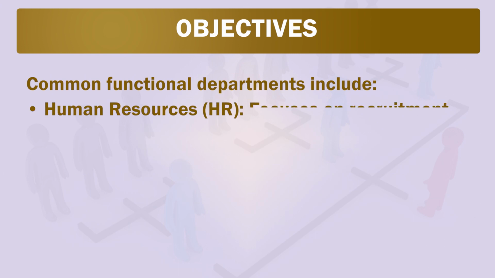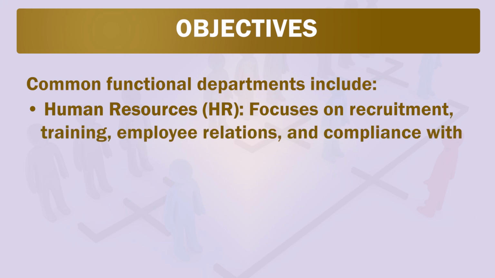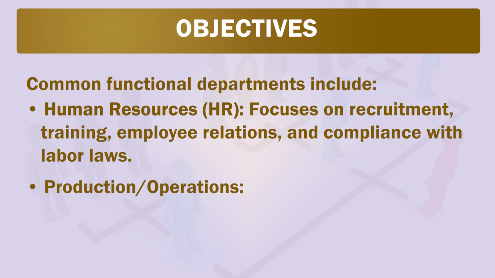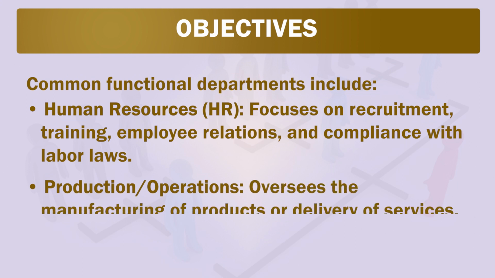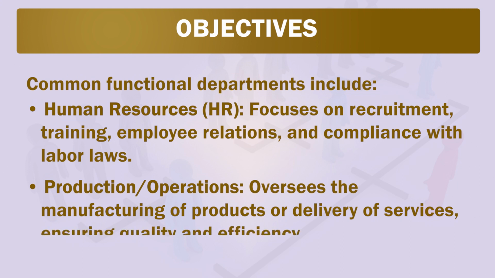Third is HR, that is human resources. Now, this is a very important function. All of you know that it focuses on recruitment, training, employee relations and compliance with labor laws also, right. The fourth functional area which is important is production or operations. It oversees the manufacturing of the products or delivery of the services and ensures quality and efficiency, right.